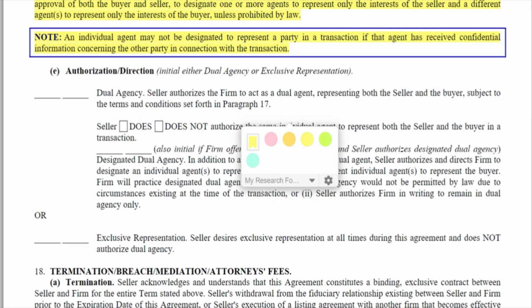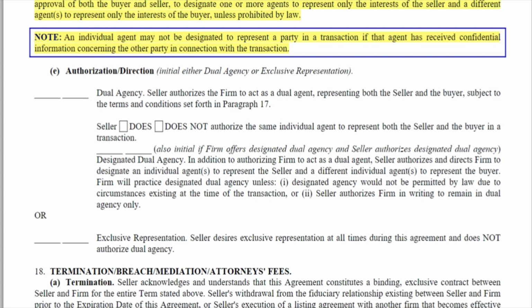This note states that an individual agent may not be designated to represent a party in a transaction if that agent has received confidential information concerning the other party in connection with the transaction.